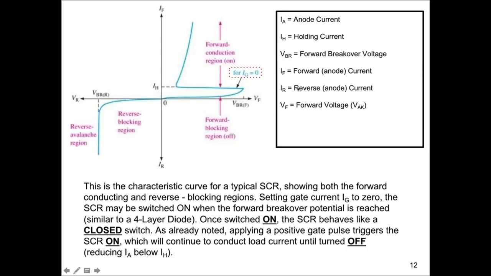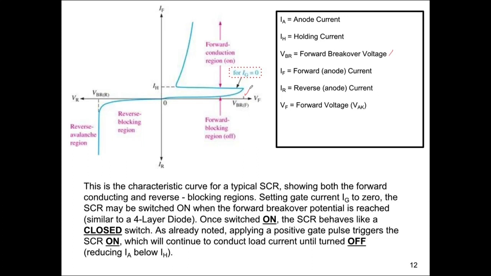Okay, so this is the characteristic curve. The key points are the forward breakover voltage here. This is really the same voltage we talked about with the 4-layer diode. If you don't use the gate lead, and that's the whole advantage of using SCRs, you can initiate conduction at any point in the cycle by providing a low voltage, low current gate pulse, so it's much more controllable and usable.